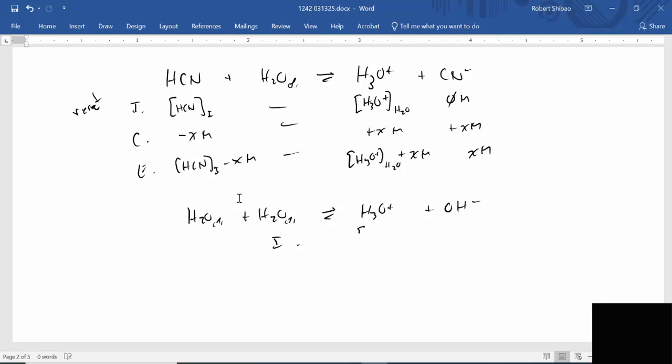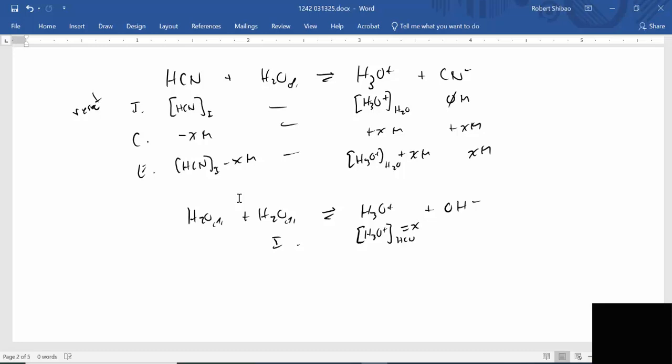The hydronium in here is going to come from the HCN. The hydronium from HCN is what we call what? It's what we call X, right? X is the hydronium that we generate from the HCN hydrolysis. And so this is equal to X.